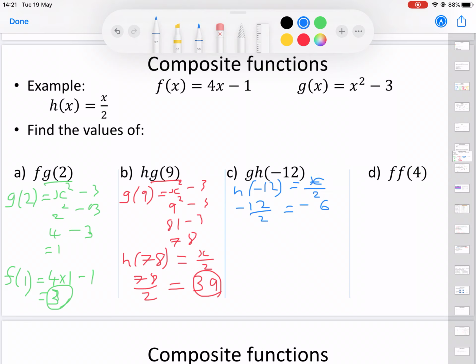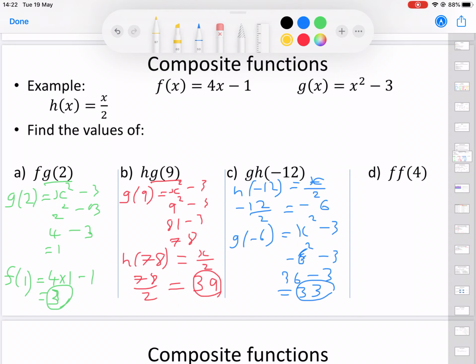I'm going to take that minus 6 and put it into the g function. So g of minus 6 equals x squared minus 3. So minus 6 squared take away 3. Now what happens when I square a negative? Well, it becomes a positive because it's minus 6 times minus 6. So that's 36 take away 3, so my answer is going to be 33.